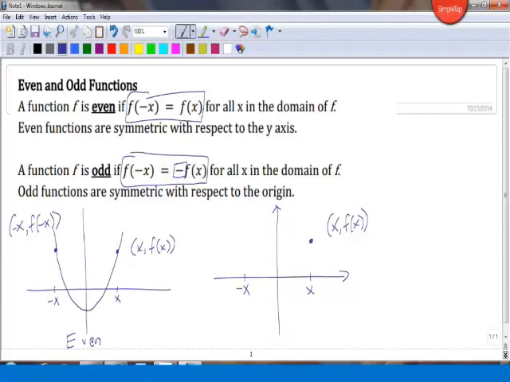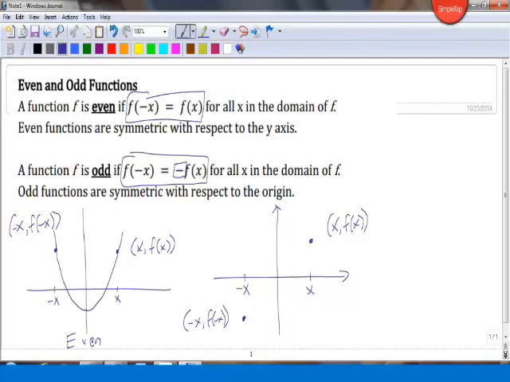So, same distance from the x-axis, but other direction. There's negative x, f of negative x. Notice that if we were to connect those dots with a straight line, that line segment would pass through the origin, and the origin would be the midpoint of that line segment.